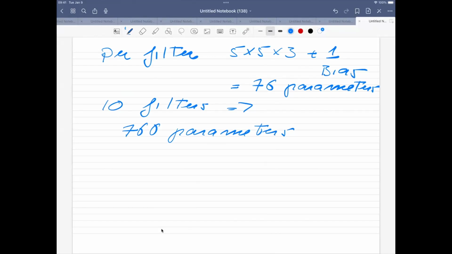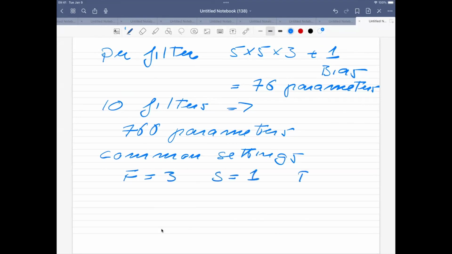Then there are some common settings which many people use for these type of parameters. You will find them in many of the examples which we have. So you put f equal to 3, you have stride equal to 1, and padding equal to 1.